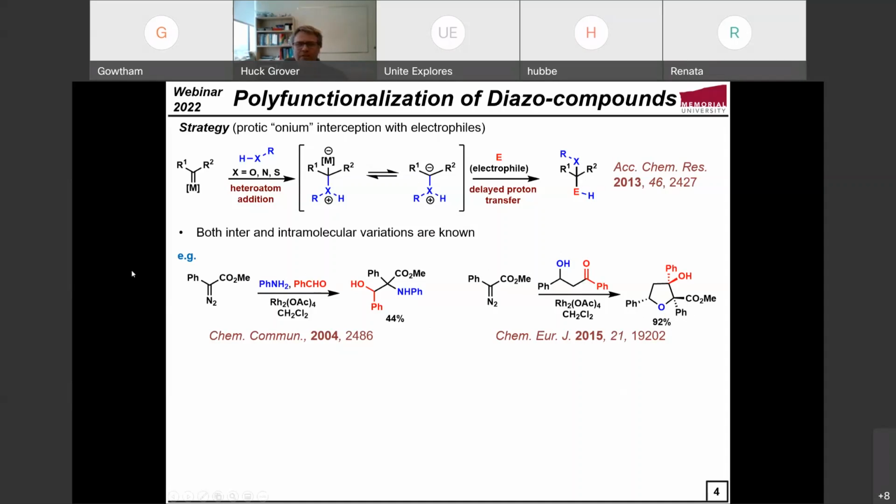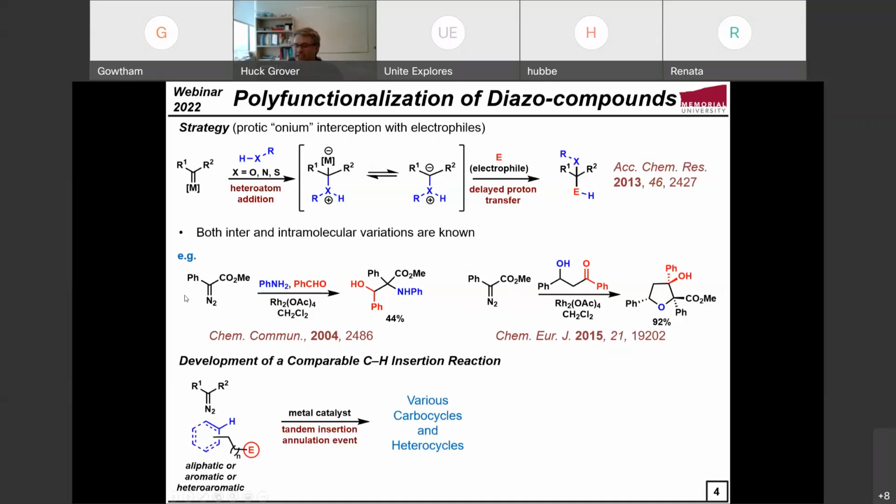While this is well established for a net heteroatom-H bond insertion, the comparable CH insertion chemistry, which is also well known and documented for diazo compounds, the insertion followed by an annulation event is much less explored.